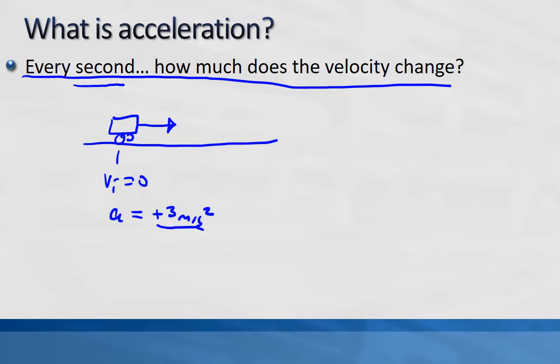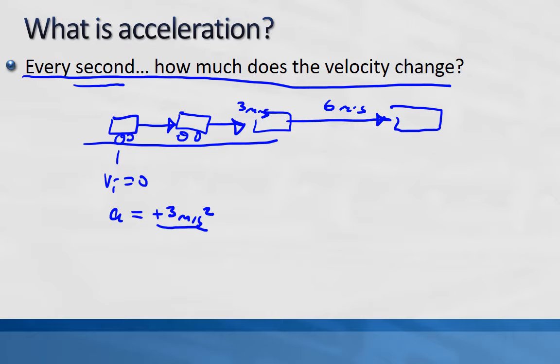Well, if it's 3 meters per second squared, after 1 second it'll be going 3, because every second, that's how much the velocity changes. So now it's going 3. After the next second, the velocity is 6. After the next second, velocity is 9. And so on. Every second, this is how much the velocity changes. That can be a really helpful idea to think through acceleration.